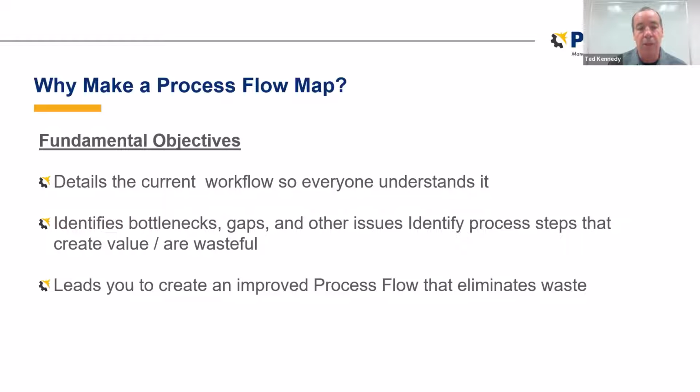This will also help you identify bottlenecks and other process issues that are in the system, and you can identify wasteful activities. And by doing that, it can let you and your team work towards an improved process flow that eliminates some of these wastes.